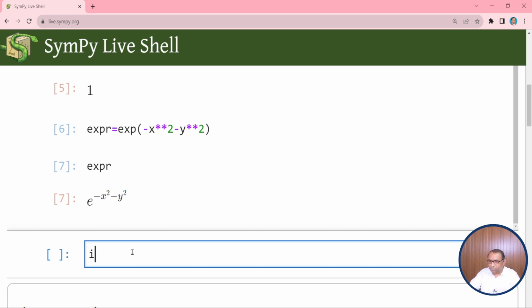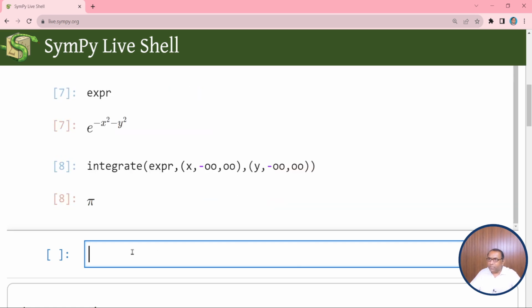First we are using the integrate function, then use expression, then the limit of x is minus infinity to infinity, and that of y is again minus infinity to infinity, then enter. So this will directly return the answer of the above expression.